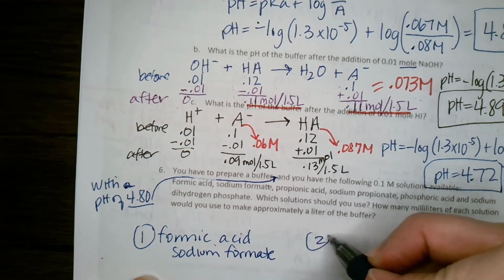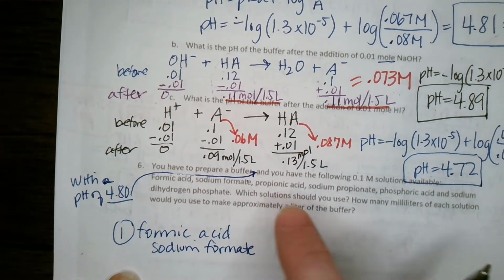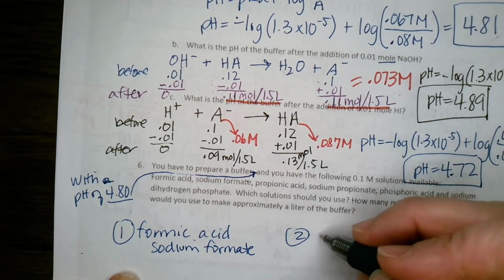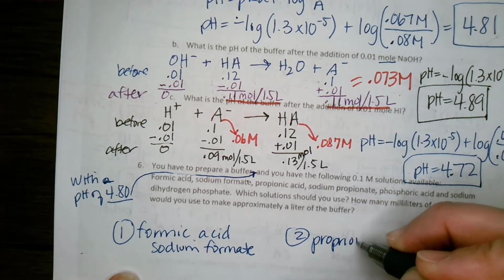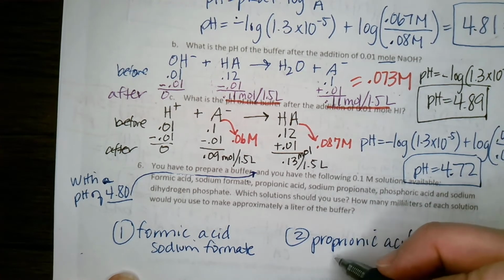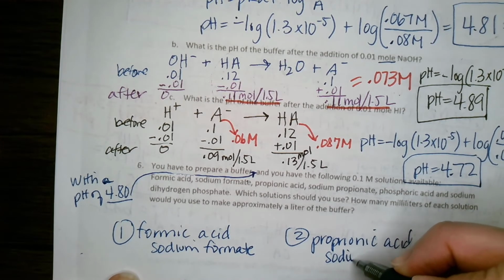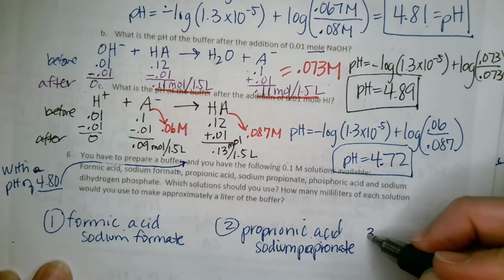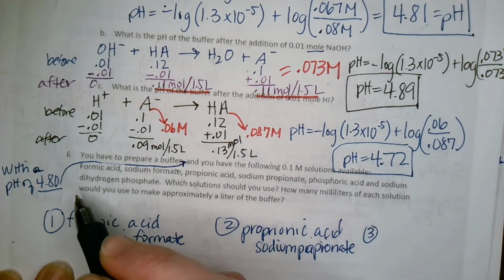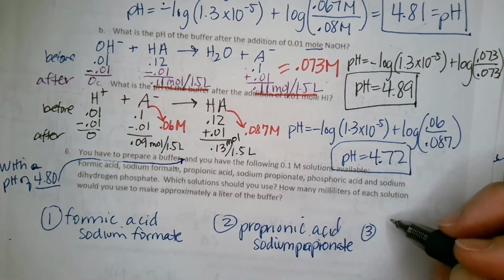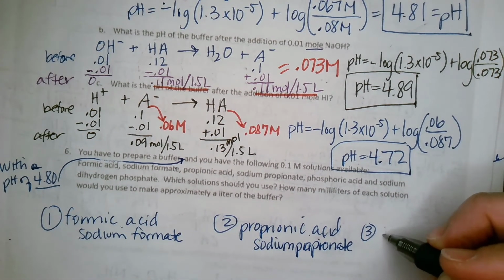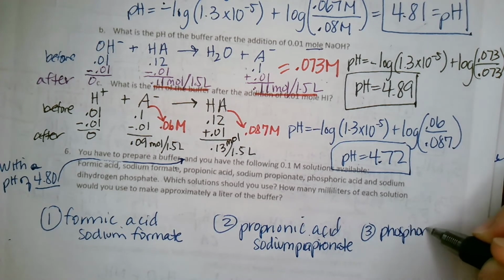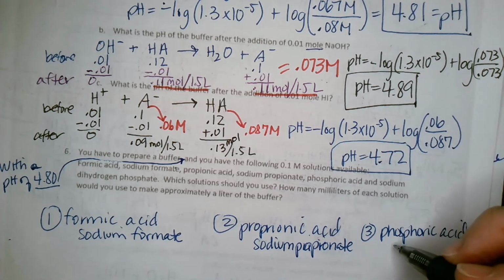Number 2, we have propionic acid with sodium propionate. And number 3, phosphoric acid and sodium dihydrogen phosphate.